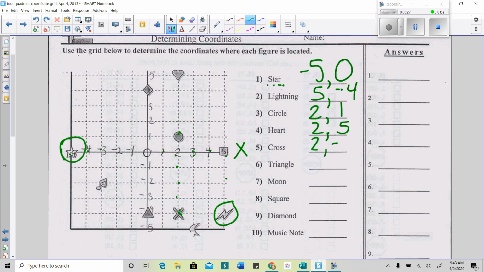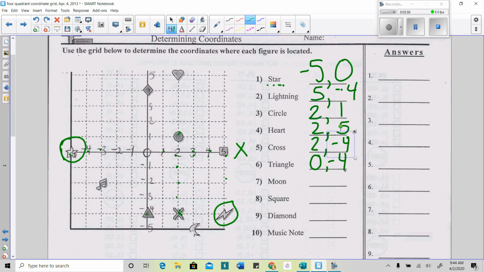So that would be -4. Okay, going on to the triangle, I start at 0 and I do not go left or right. I stay at 0. So on the x-axis, I would be on 0. And then I'm going to go down 1, 2, 3, 4. So now I am at -4. So 0, -4.